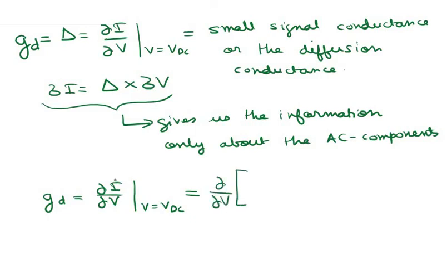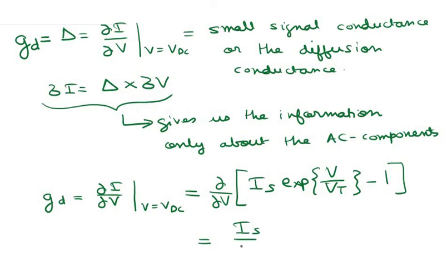We just need to replace this current by the current-voltage equation of the diode. So this is Is exponential V by Vt minus 1, and so this gives me Is divided by Vt exponential V by Vt.